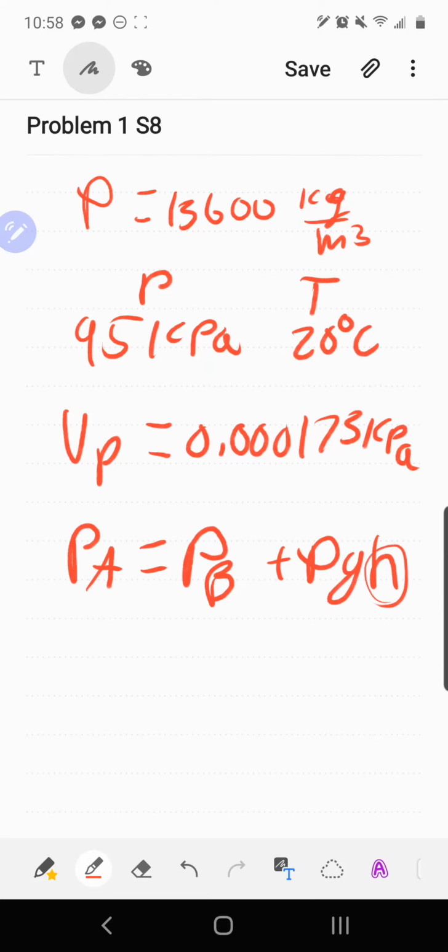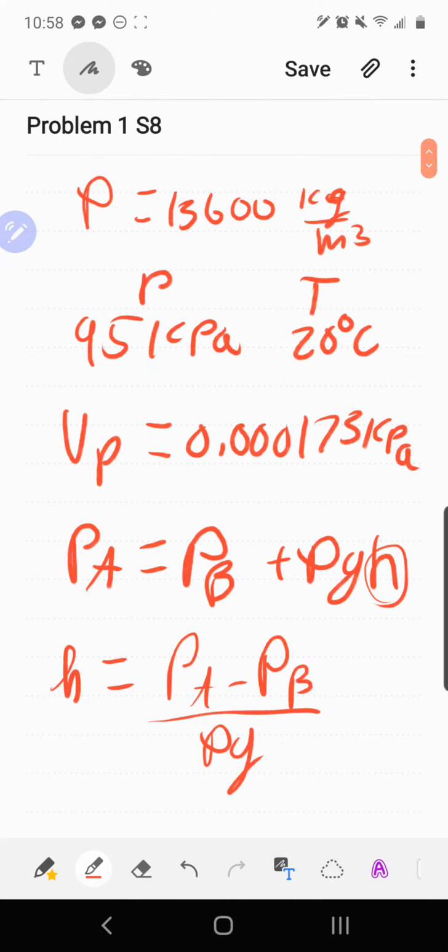What we want is h. So we can solve for h and get PA minus PB divided by rho g.